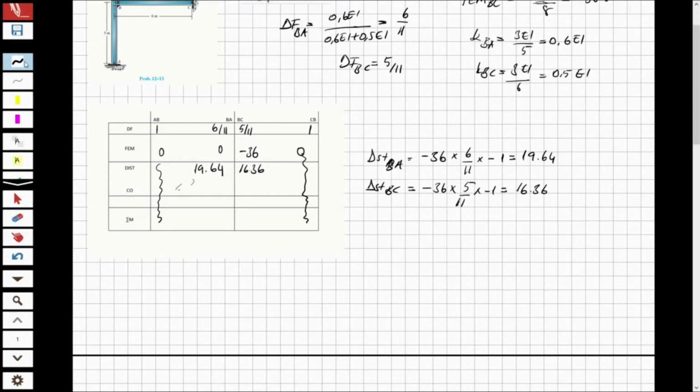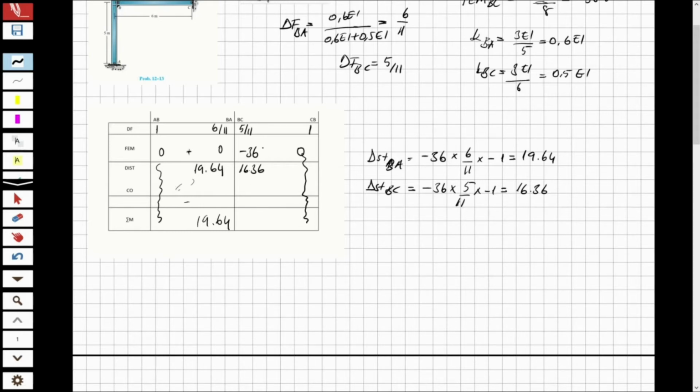So now let's find the moments. What I do when I find the moments, I take the summation from the FEM until the last row. This is the last row. So total moment at B will be 19.64.